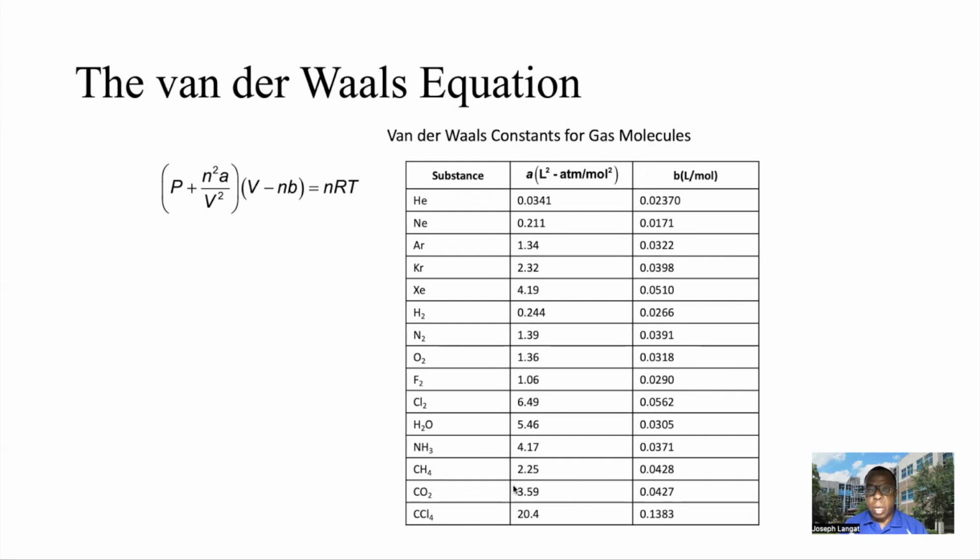A will be 3.59 in this equation, and B will be 0.04274 for CO2. If the question is tailored to the specific gas here, you will be given those values. I may even give you the whole table in the exam and say, hey, this is what you need to know. Yours is to plug into the equation.